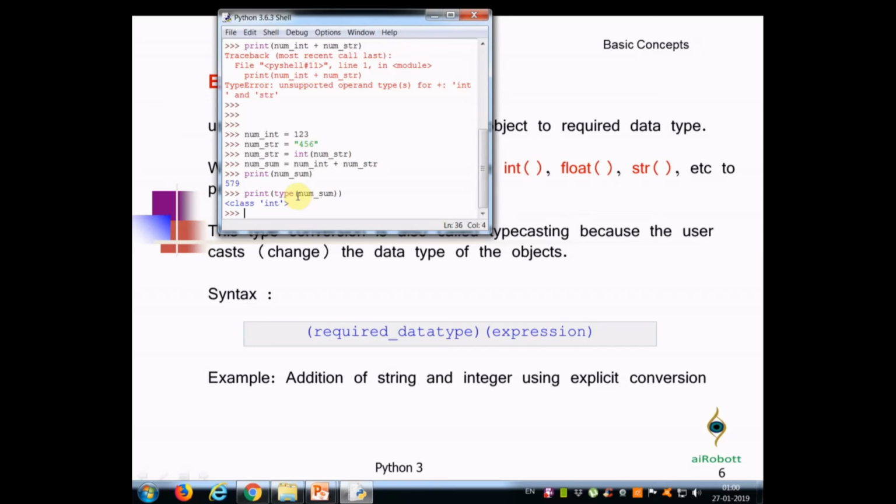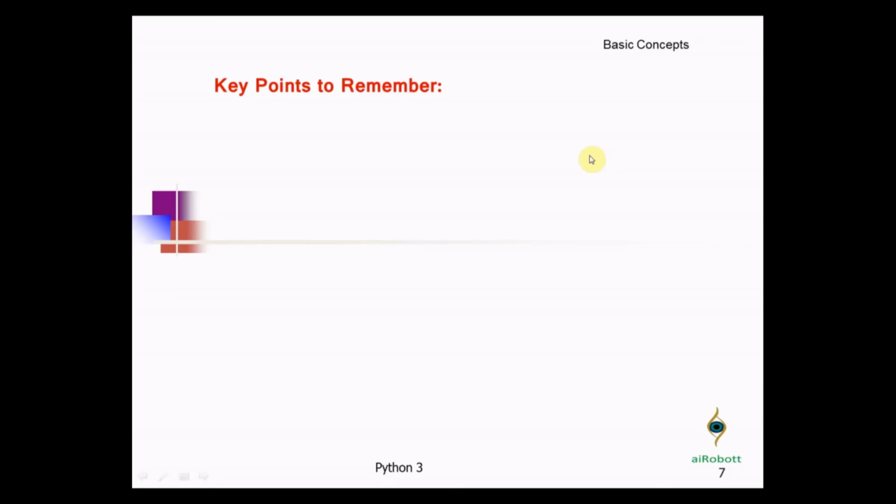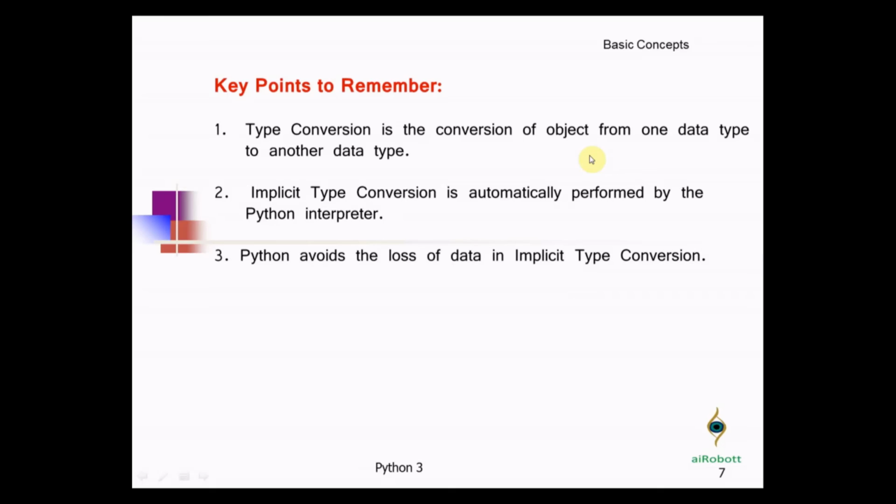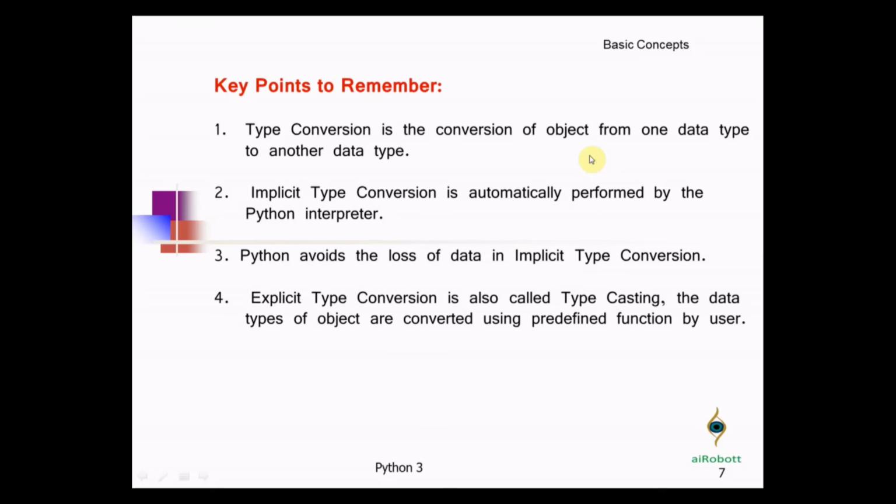Okay. Key points to remember. Type conversion is the conversion of an object from one data type to another data type. Implicit type conversion is automatically performed by the Python interpreter. Python avoids the loss of data in implicit type conversion.